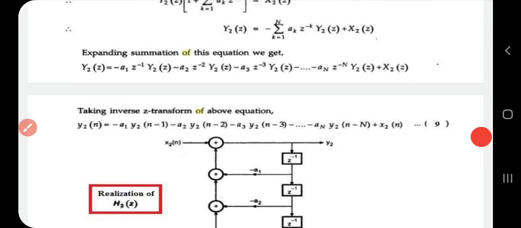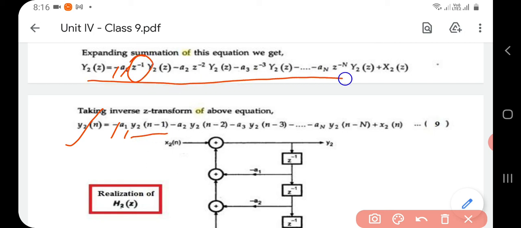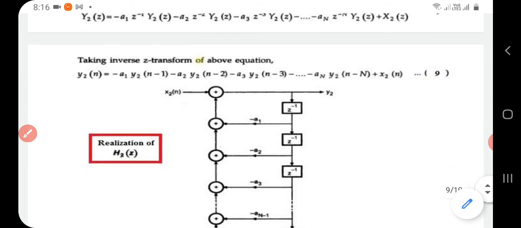The inverse Z transform of Y2(z) will be y2(n). Minus is kept as such, a1 is kept as such, and since there is a delay element, it will be y2(n minus 1). Similarly, take the inverse Z transform of each term in this equation, and you will get this equation. Now this figure is the realization of H2(z).